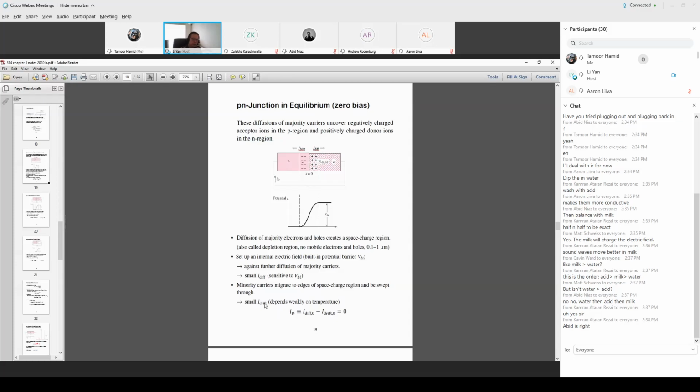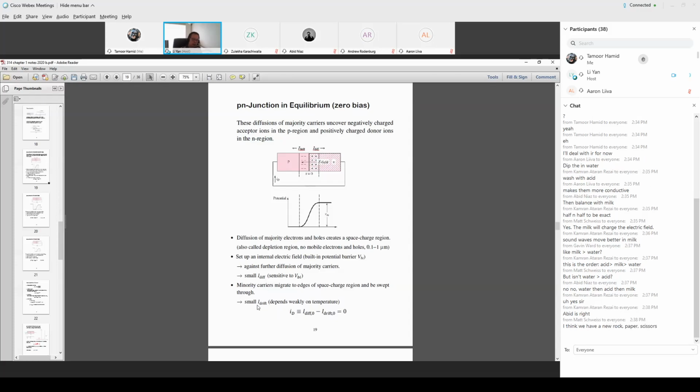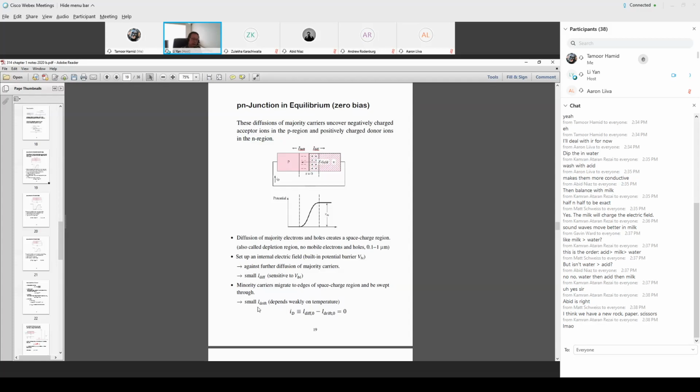This movement results in what we call the drift current, but the amount of drift current is also small because they are coming from minority carriers. We know the amount of minority carriers is very small, so correspondingly the drift current is very small.